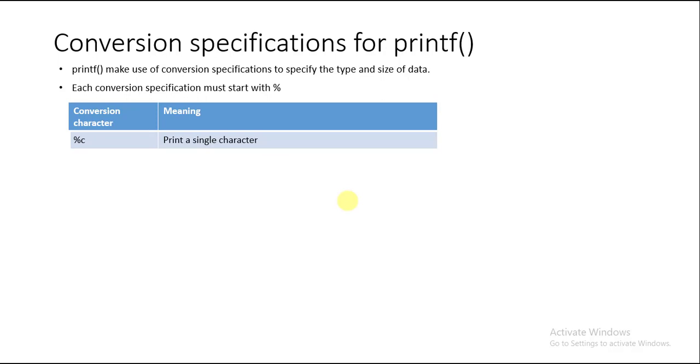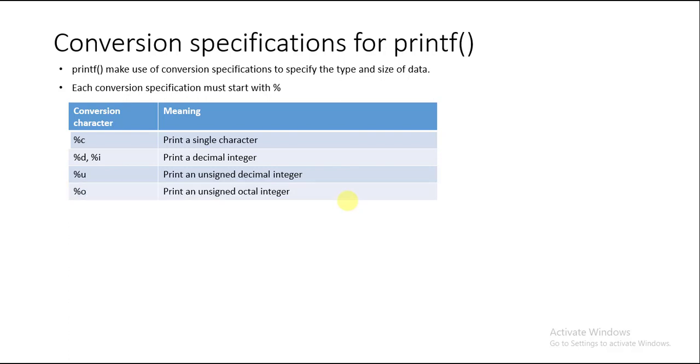Percentage %c is used to print a single character. Percentage %d and percentage %i are used to print a decimal integer. Percentage %u is used to print an unsigned decimal integer. Percentage %o is used to print an unsigned octal integer. In hexa number system, we have 0 to 9 digits and A to F alphabet.